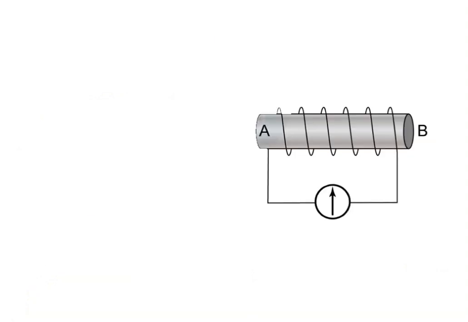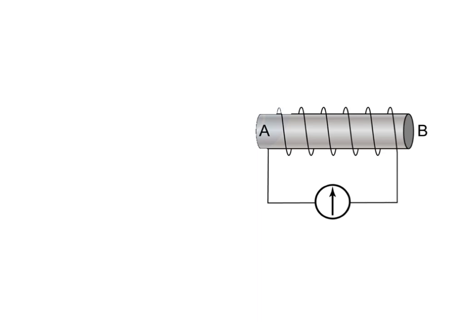For example, consider this solenoid. You can ignore the cylinder, but in order to make electromagnets stronger, often what you do is you place an iron core inside the solenoid, and then the magnetic field created by the solenoid magnetizes the iron core, and that magnetization creates a magnetic field in the same direction, and it makes an even stronger field.